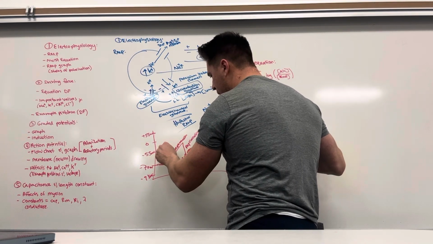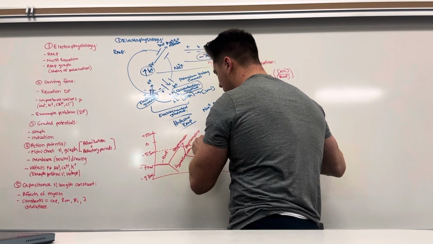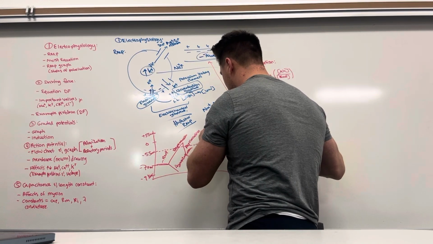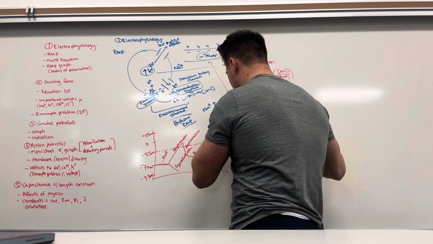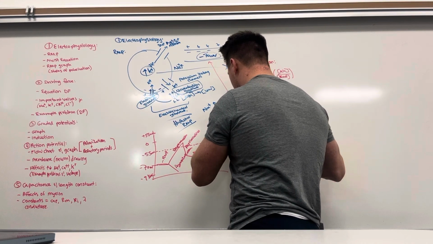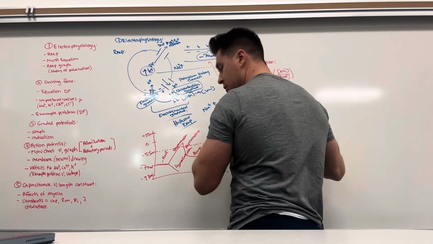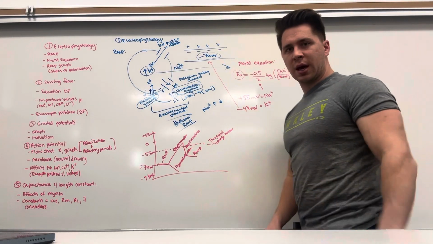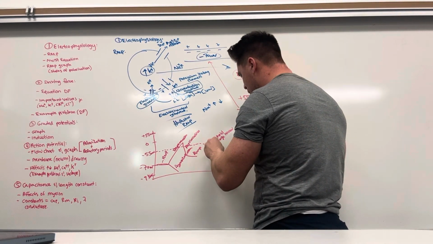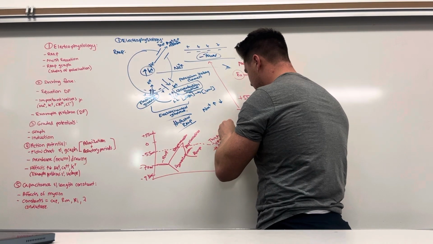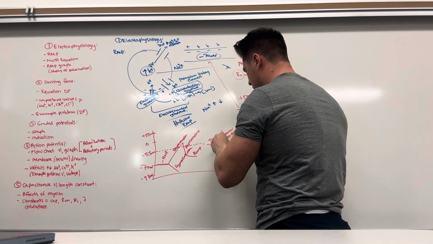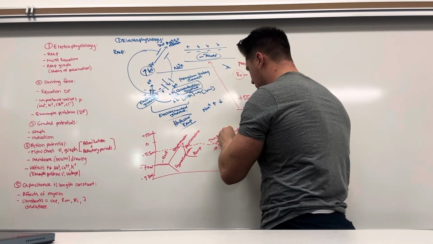And there's an important thing that we label here, and this is called threshold. This is the voltage needed to open ion gated channels, okay?